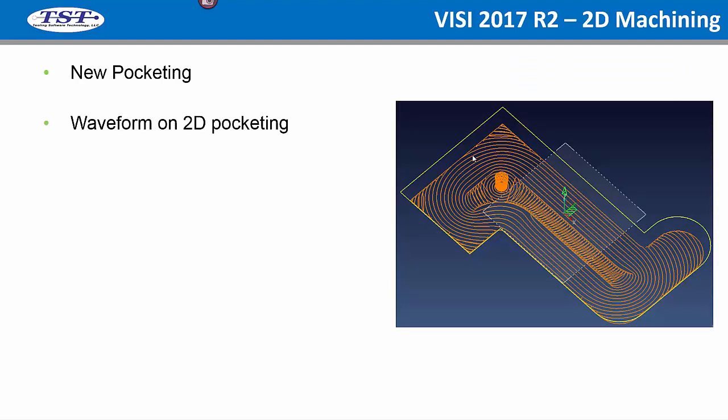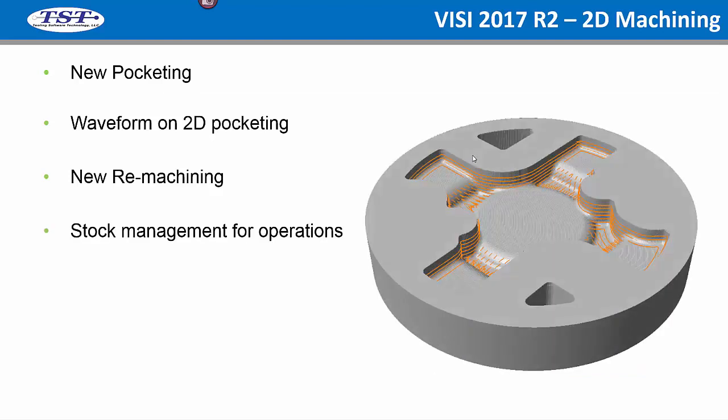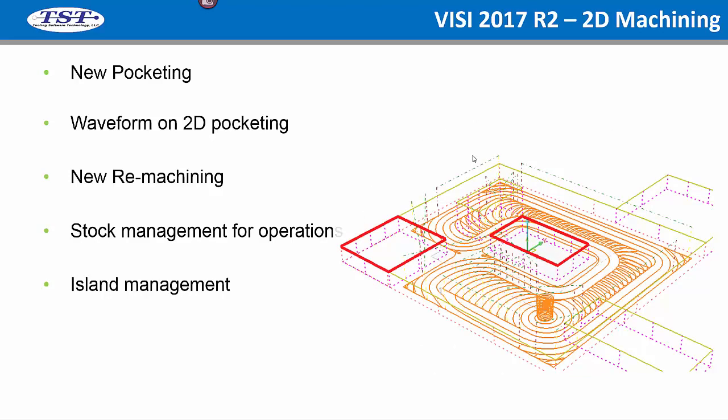That's that full tricordial cut, full depth of cut, smaller step overs. We're trying to get as close to that 40% of the tool as we can. Obviously, that's an optimal condition. Your harder materials are going to have to scale back from that. We also have a new remachining available and some better stock management for the operations. Including that, we also have a better island management.